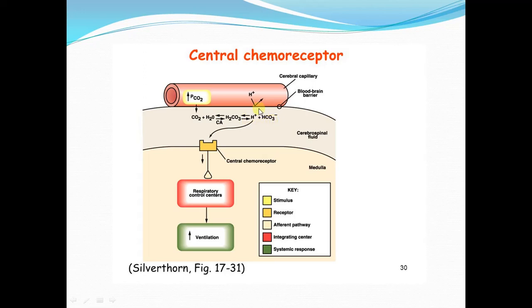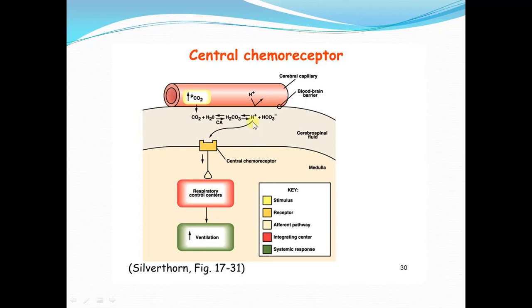These hydrogen ions which are formed here are going to stimulate the central chemoreceptors, and when central chemoreceptors are excited, they will send signals to the inspiratory area, the dorsal respiratory group of neurons, which will increase their excitation, and this will result in an increase in ventilation.